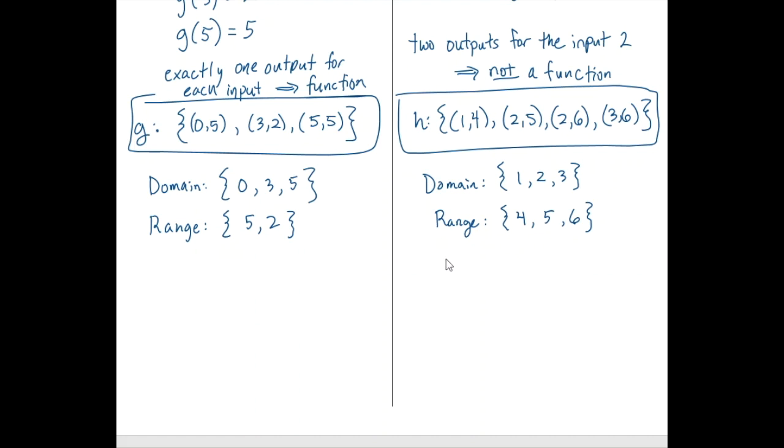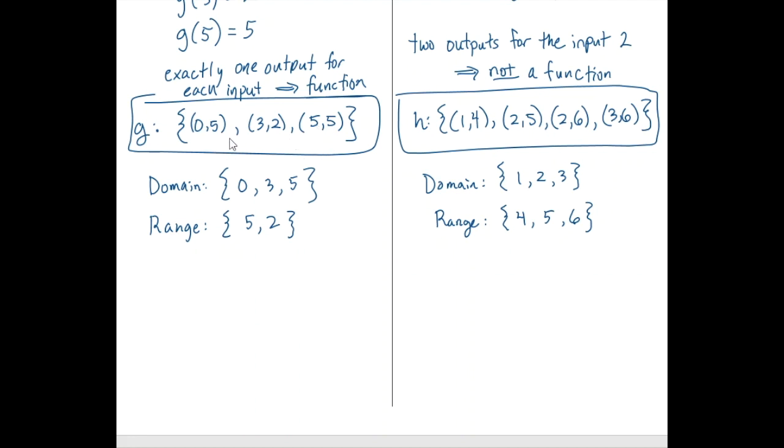Now, if we're asked whether or not these collections of ordered pairs represent a function, we want to see if there's exactly one y-coordinate for each x-coordinate. That means if this collection of ordered pairs represents a function, then each of the values from the domain should only appear in one ordered pair.